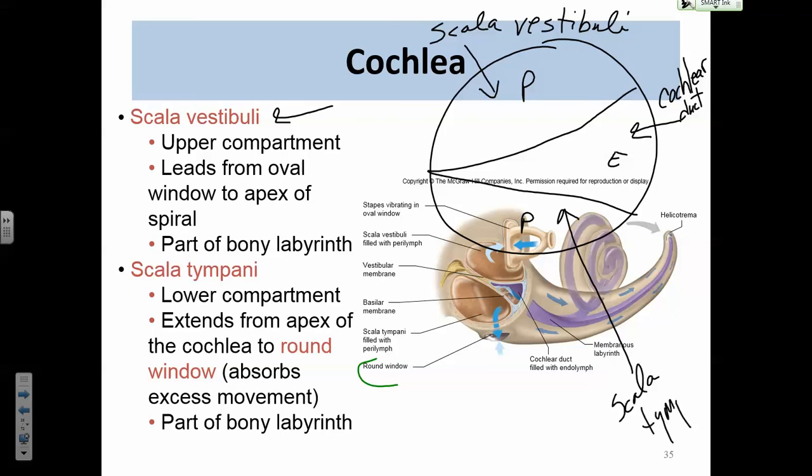So you got to name the compartments. But then we also are going to name the membranes, and they may be on the next slide. But this membrane right here is called the vestibular membrane. And the lower one is called the basilar membrane. And the organ of Corti sits on the basilar membrane.